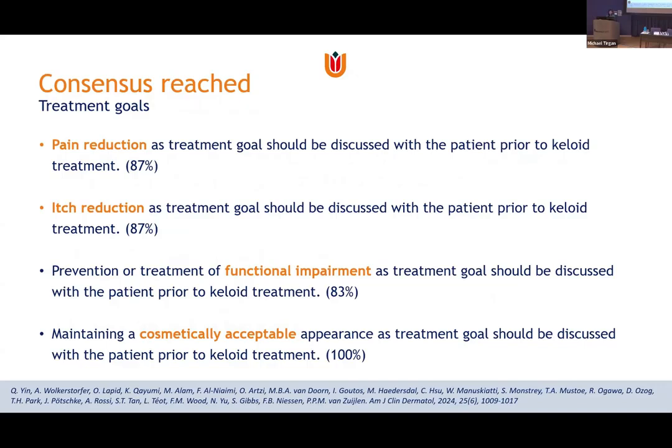So first of all, consensus was reached on treatment goals: that pain reduction, itch reduction, and prevention or treatment of functional impairment should be discussed with the patient prior to keloid treatment, as well as the goal of maintaining a cosmetically acceptable appearance.